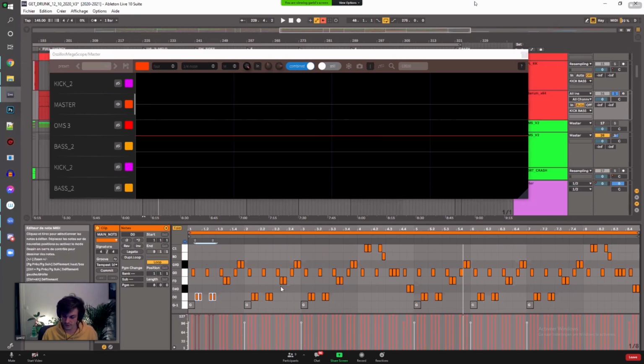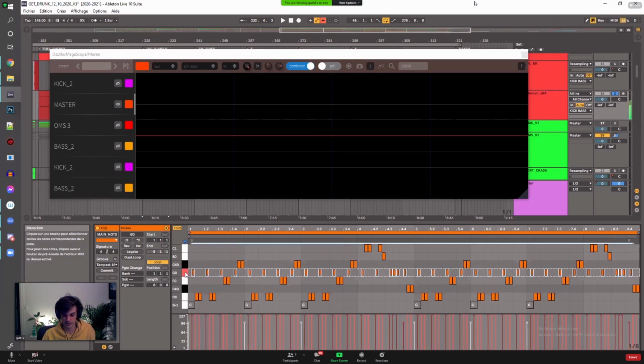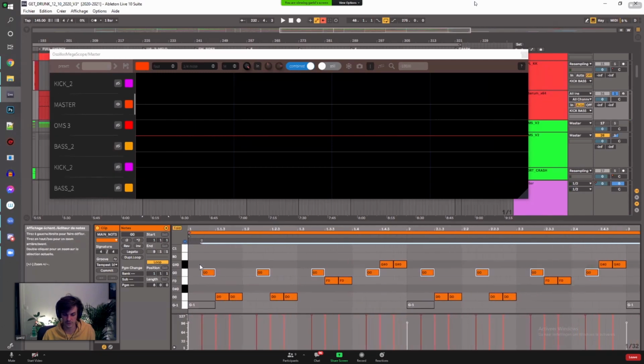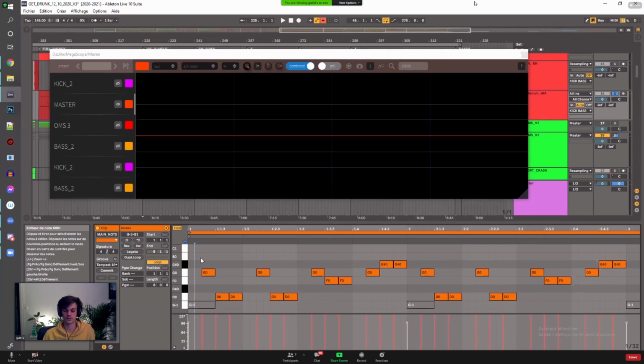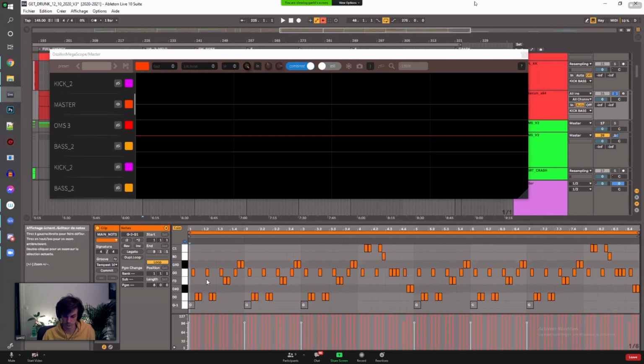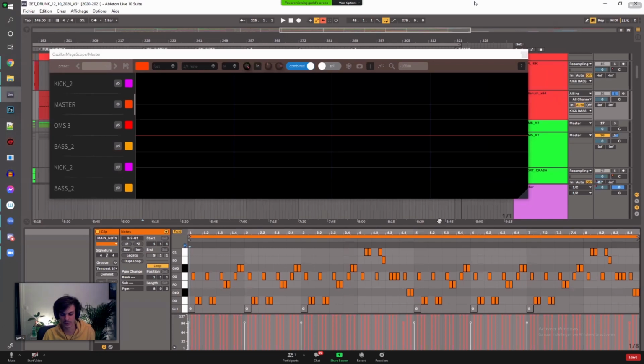Something to notice here is, even though my bass is going up and down on different notes, I kept my main overlapping bass on the same note because I was way too lazy to rephase them every time. And in the end, it sounds like a bounce.